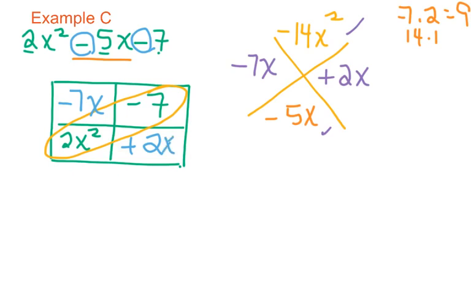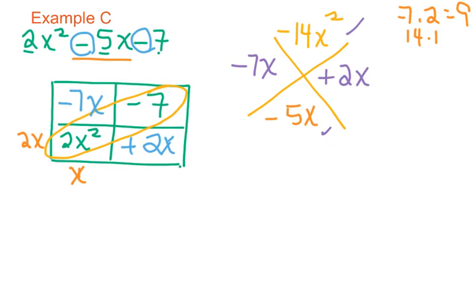Now I'm going to factor out the GCF of both of them, which means 2x squared and 2x have a common factor of 2x, which therefore means I have an x in the bottom down here, because 2x times x is x squared.